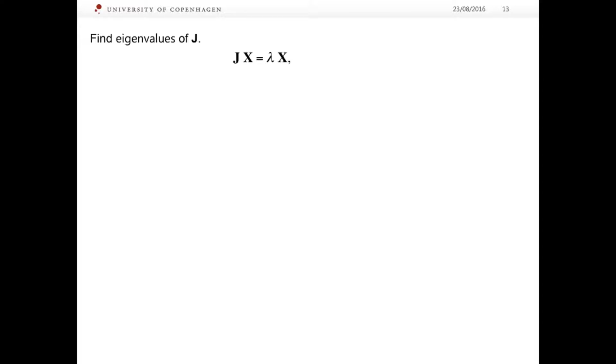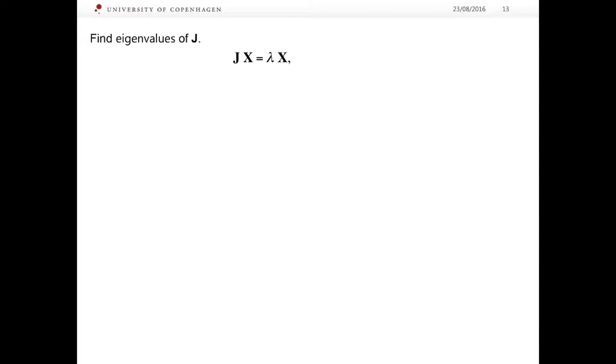The result will be another column vector. And this product should be equal to the product of vector x and a certain number, lambda. Here x is called an eigenvector and lambda is called an eigenvalue, which we need to find.